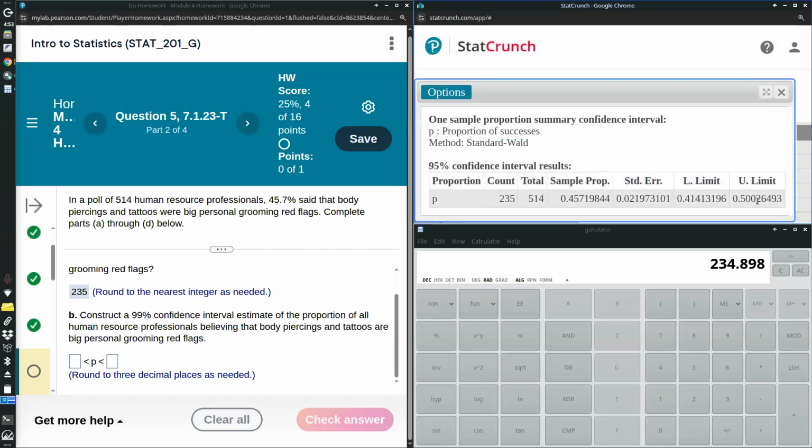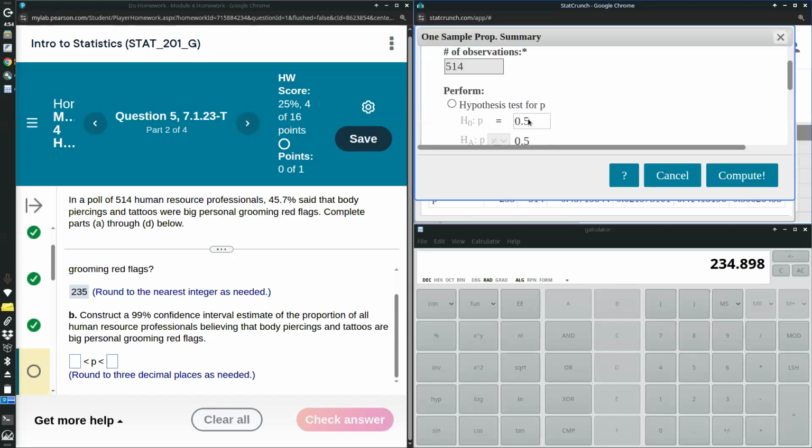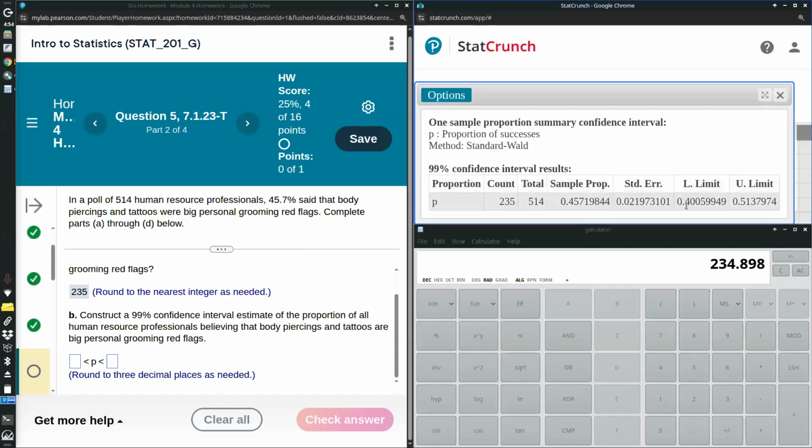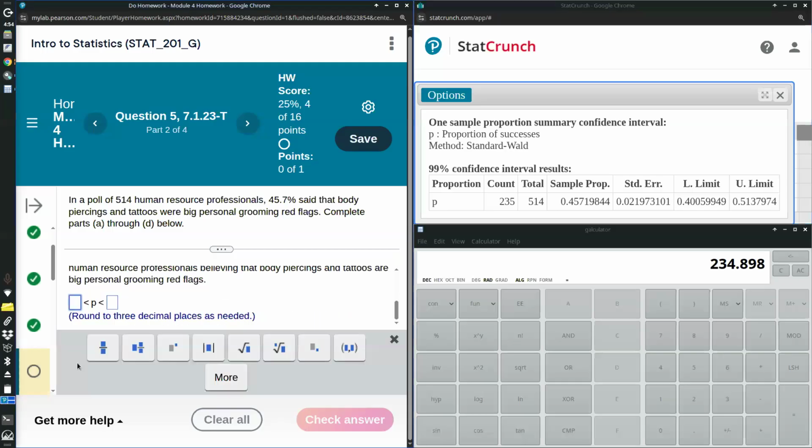We actually got a smaller interval, right? We got 0.41 and 0.50. So it gets wider when we make that confidence level go up. So 0.401 will be the first number, and the second number, 0.514.